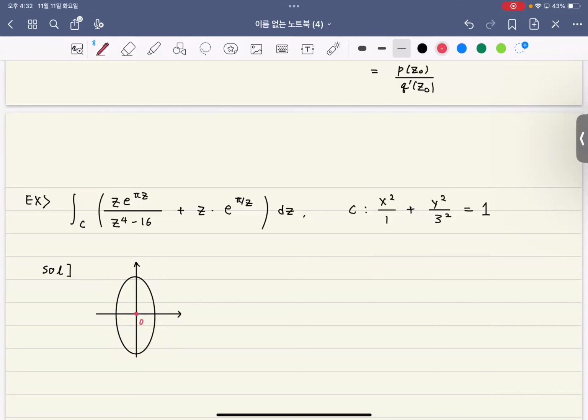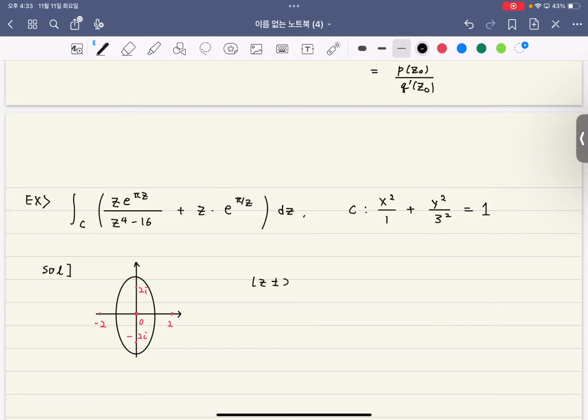This is the essential singularity, and this is 2, and this is minus 2. And this is 2 times i, and this is minus 2 times i. So this means I don't need to consider these 2 singularities, okay? Now I want to find the residues at the other 2 singularities.